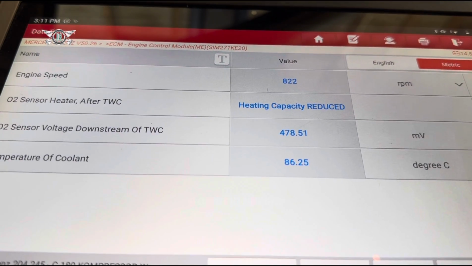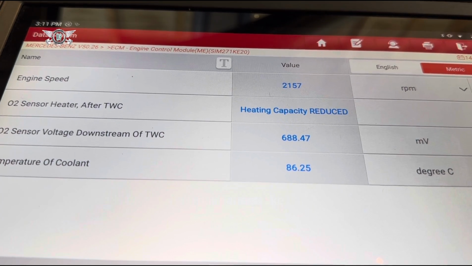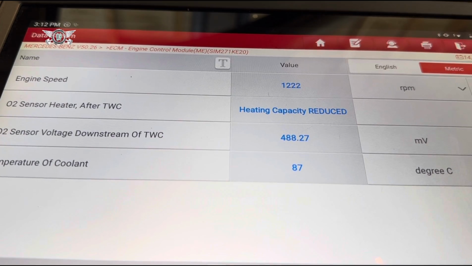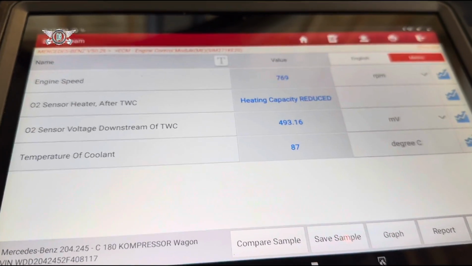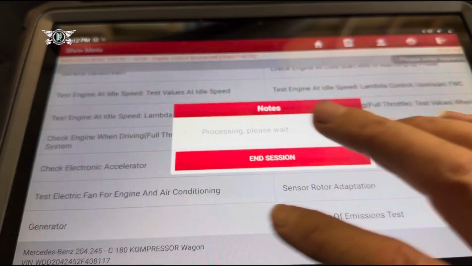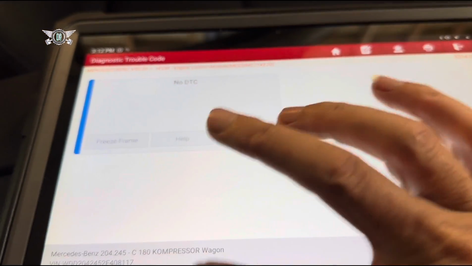So previously it was stuck on 415. And so there we are, and I haven't actually got any fault codes at the moment.